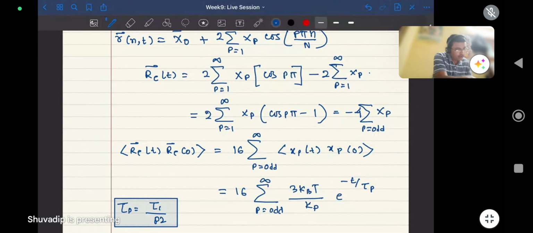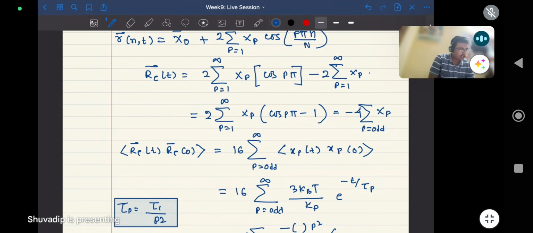Now you can see this quantity depends on e to the power minus some factor into p squared.